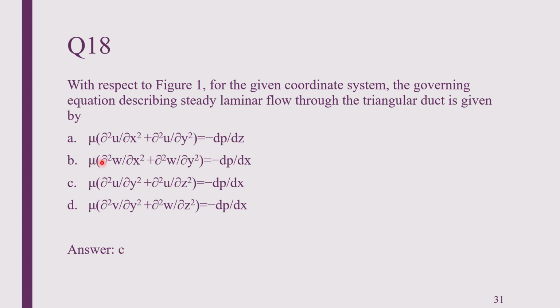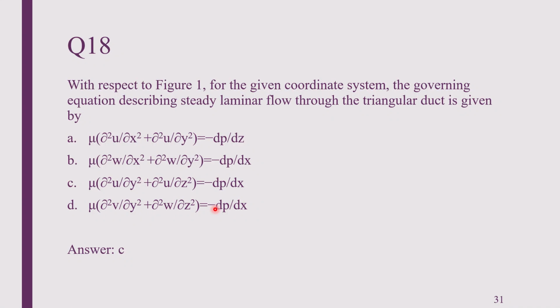B, mu times (dou square w by dou x square plus dou square w by dou y square) is equal to minus dp by dx. C, mu times (dou square u by dou y square plus dou square u by dou z square) is equal to minus dp by dx. D, mu times (dou square v by dou y square plus dou square w by dou z square) is equal to minus dp by dx.